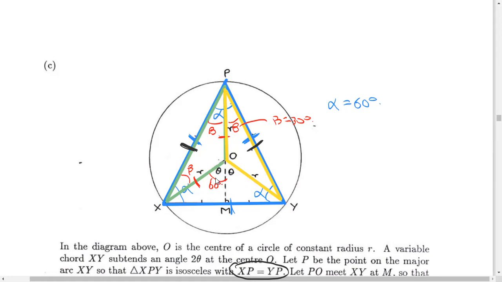What I'm really saying is, looking at the diagram below, for triangle PXY to be equilateral, theta is going to equal 60. That's when it will happen. So we're going to prove theta is going to be 60.